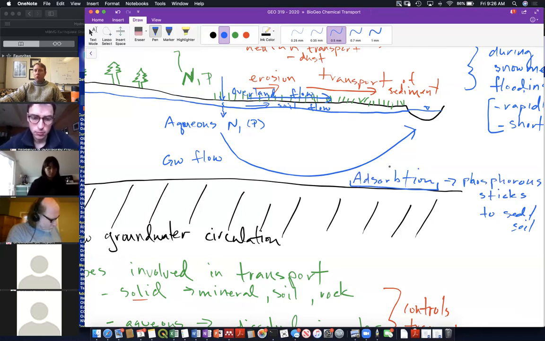This process of adsorption is really important for controlling how fast that uranium will work through the system and move to the river. So this sticking of solutes to soils is a very important transport parameter. Okay, so nitrogen can get added, and it can come dissolved in overland flow and in soil flow and in groundwater flow.